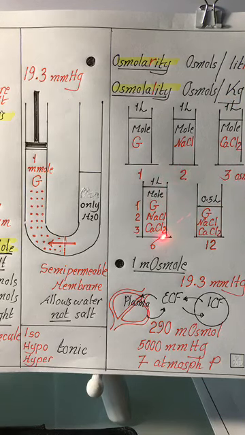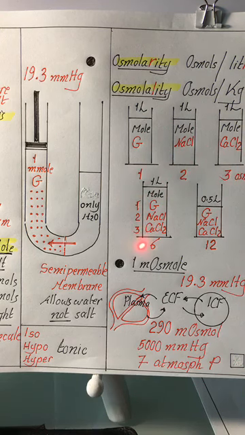I tried to make it a little bit more difficult. In the same 1 liter, I put 3 things. 1 mole of glucose and 1 mole of sodium chloride and 1 mole of calcium chloride. What is the osmolar concentration of this solution? 1 mole of glucose gives rise to 1. Sodium chloride 2. Calcium chloride 3.